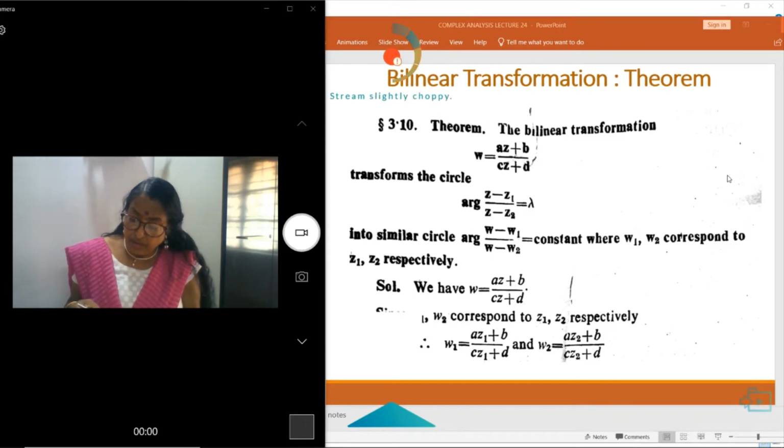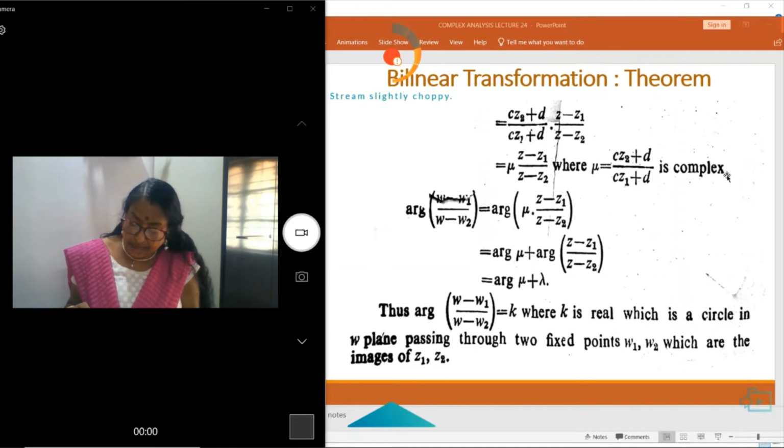Similarly, (w - w1)/(w - w2) is calculated, and it gives us ((cz2 + d)/(cz1 + d)) into (z - z1)/(z - z2). Since c, d are constants, we can write it as mu. So mu into (z - z1)/(z - z2), where mu is a complex number.